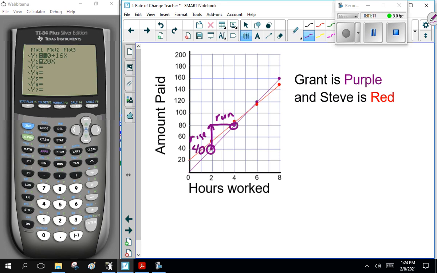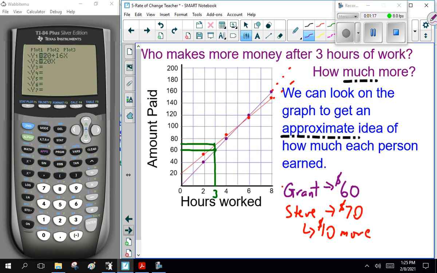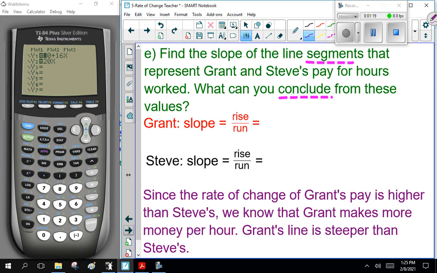And my run, 2 hours to 4 hours, is 2 hours. So for Grant, that's a rise of $40 for 2 hours, which is $20 per hour rate of pay.